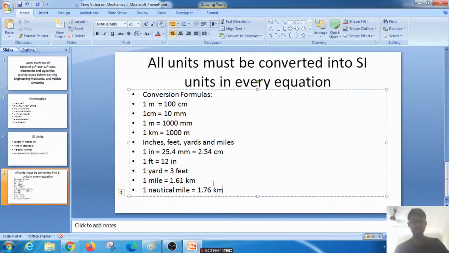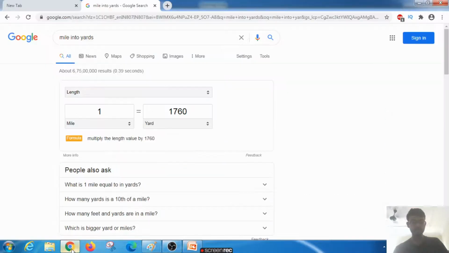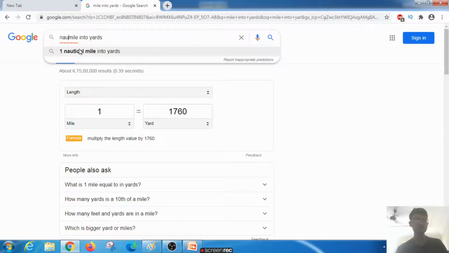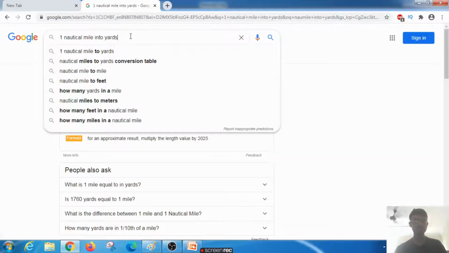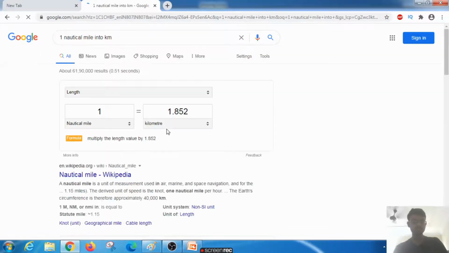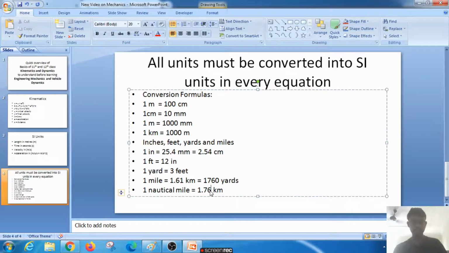So this is the conversion. And nautical mile is 1.852 kilometers. So you need to know what is the difference between mile and nautical mile.